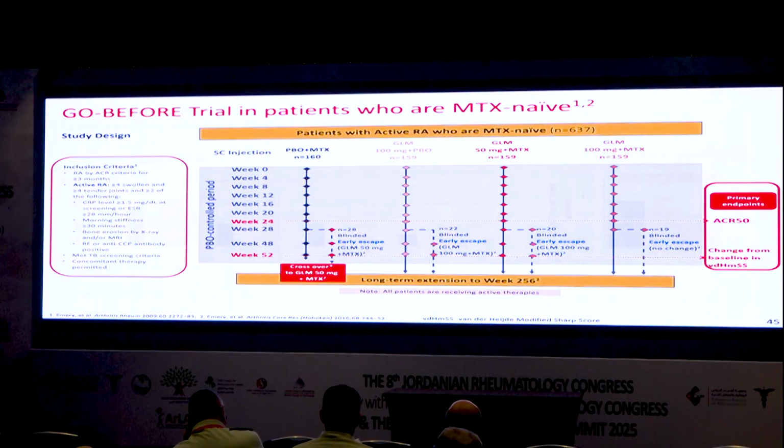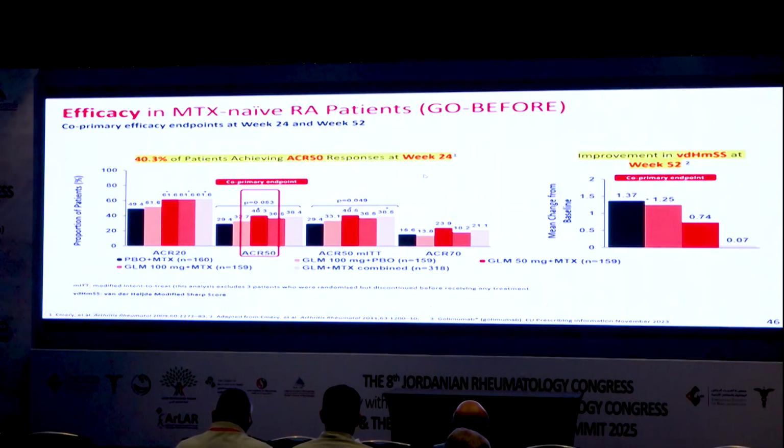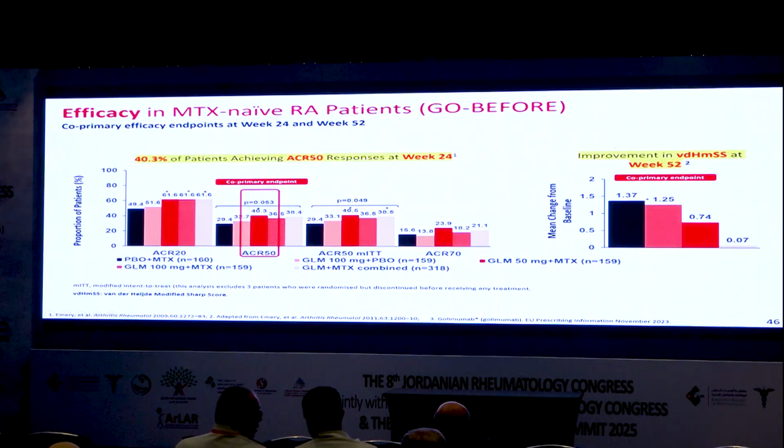The efficacy in methotrexate naive rheumatoid arthritis patients showed about 40.3% of patients achieving the ACR50 as early as week 24, as well as the modified Sharp score improving by week 52. These are the primary endpoints achieved in this study.